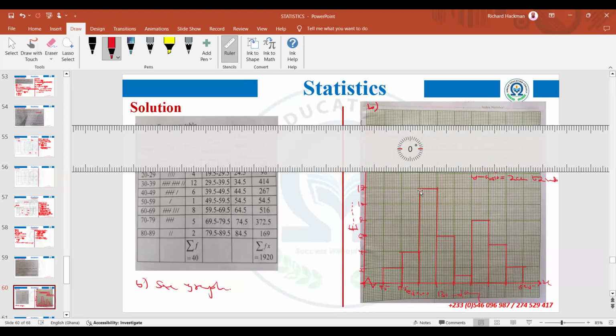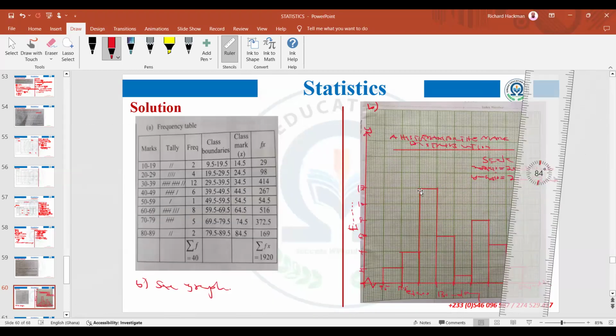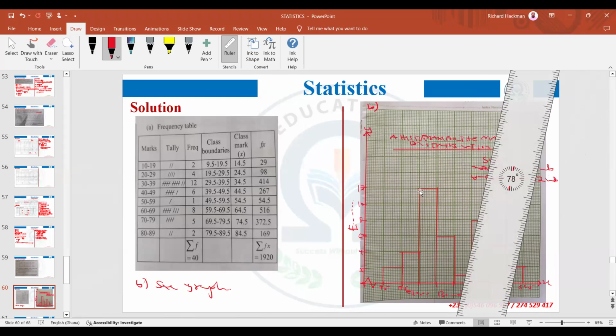So locate your modal class, just as when we were using the formula, we located our modal class. Then this is what we are going to do. You are going to draw two diagonal lines, and this will be how you draw them. One of the diagonal lines will have this as one of the points that it will join, then this as the other point.